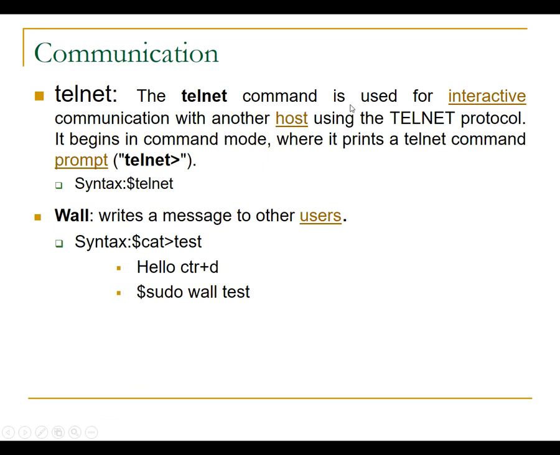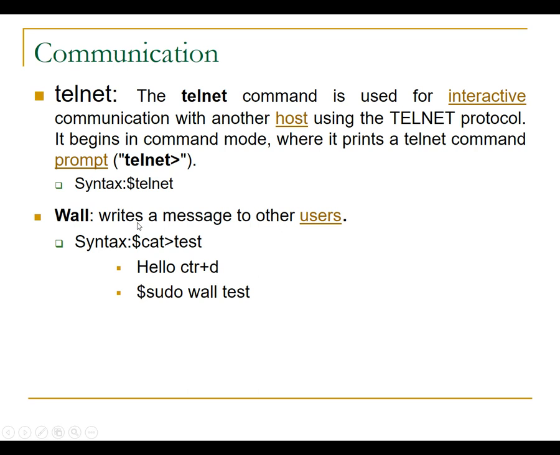The telnet command is used for interactive communication with another host using the telnet protocol. It brings in command line mode where it prints telnet commands as given in the syntax. Simply on the $ prompt type telnet, which we have already done. Next is wall.